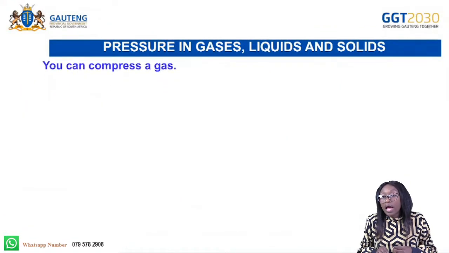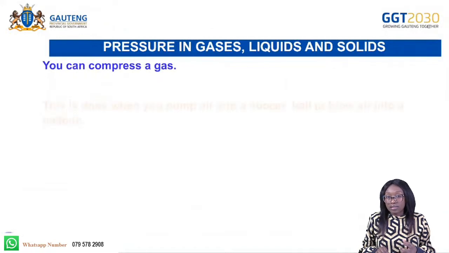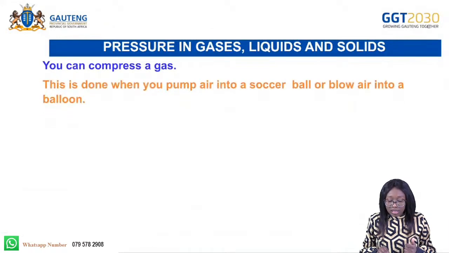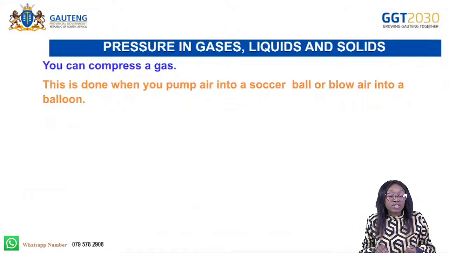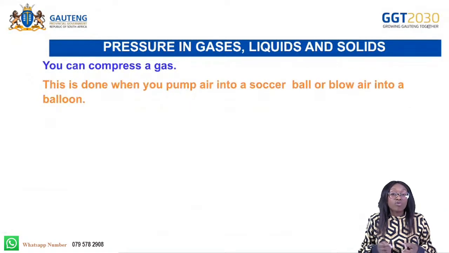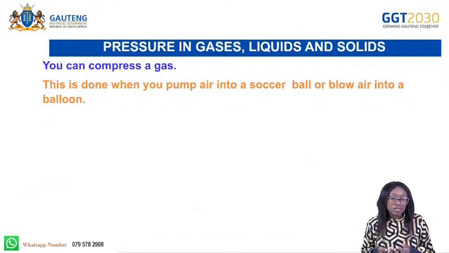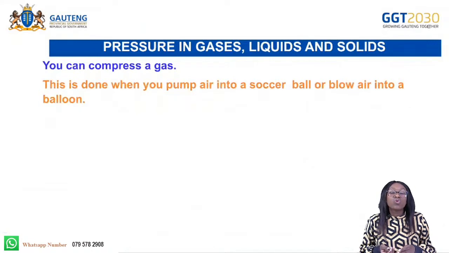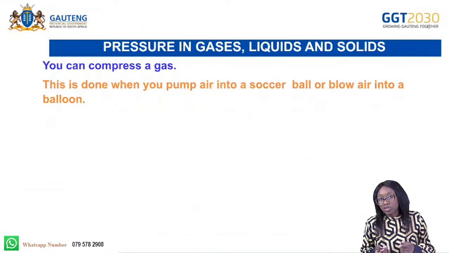Now, you are able to compress a gas. Why? Remember from our last lesson, we said gas particles have more spaces between them. So you can compress it. As you're compressing it, you are reducing the space that the gas is occupying. But because there are huge spaces between the gas particles anyway, you can compress it as much as you can.